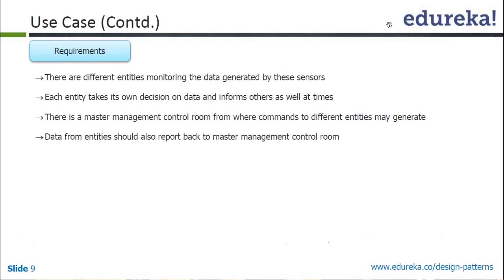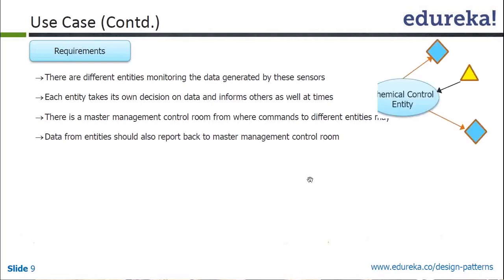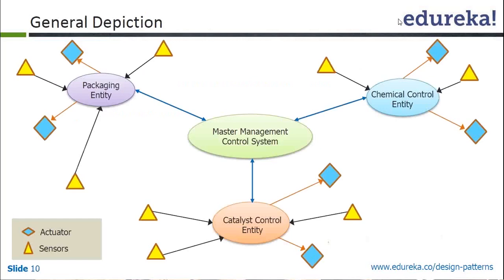With that, moving on, here is the general depiction of how the solution would look. There could be packaging entities, the master management control, the catalyst control, and the chemical control entity. You see these blue diamonds, they are actuators.